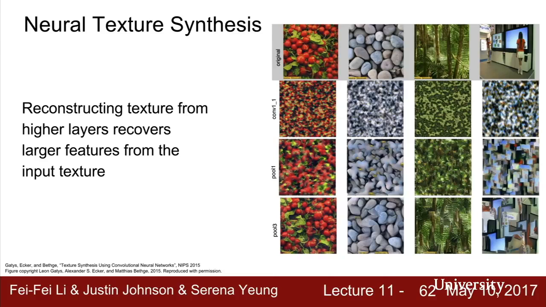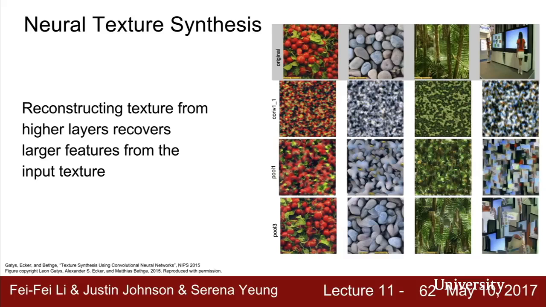You can see that if we use these very low layers, we generally get splotches of the right colors, but the overall spatial structure doesn't get preserved so much. And as we move farther up and compute these Gram matrices at higher layers, you see that they tend to reconstruct larger patterns from the input image, for example, these whole rocks or these whole cranberries.